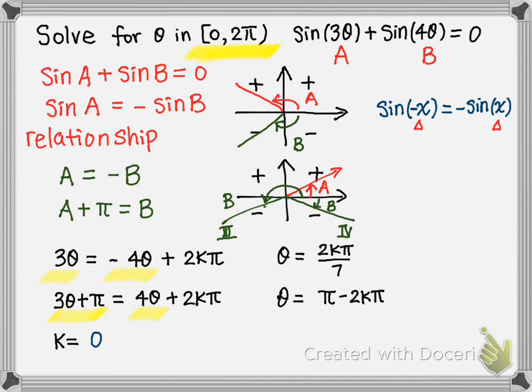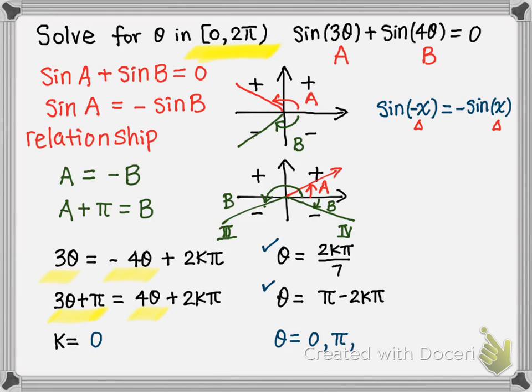Plug in 0 for the first theta value, we get 2 times 0 pi over 7, so 0. Plug in 0 on the second solution, you get pi minus 2 times 0. So pi is the solution.